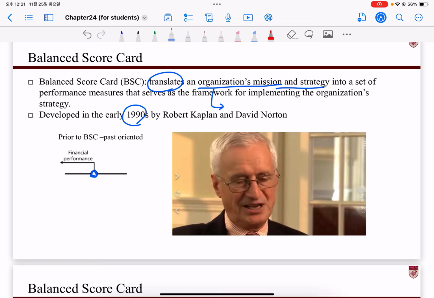So they want to align the mission and strategy with the metrics. But they are saying that financial performance measures are not sufficient to support the mission and strategy of the company.